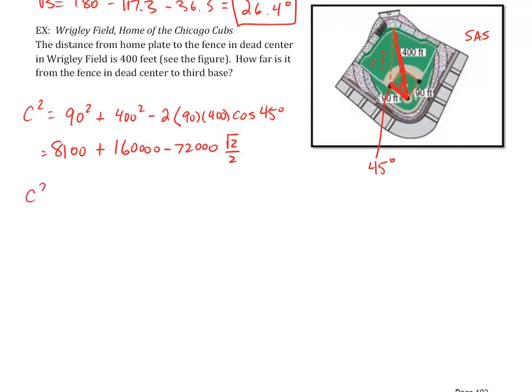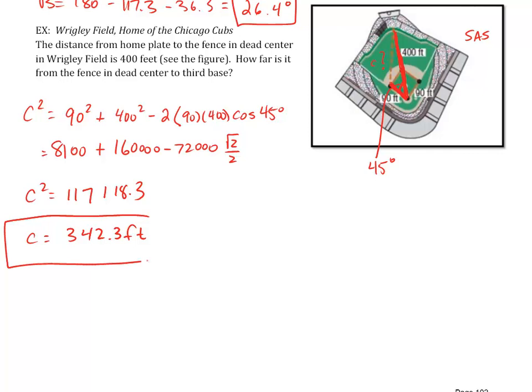So C squared would be equal to, now I just stuck all this into my calculator and I got 117,118.3. So take the square root of that and I get 342.3 feet. Done. That is the distance from dead center to third base, simply using the law of cosines to solve that triangle. And that's the end of lecture 25.